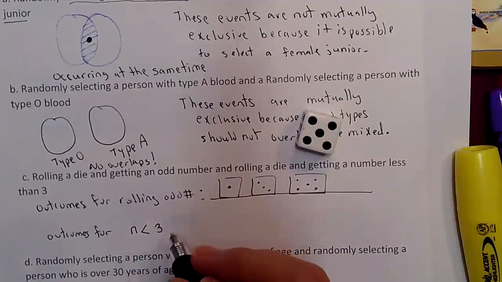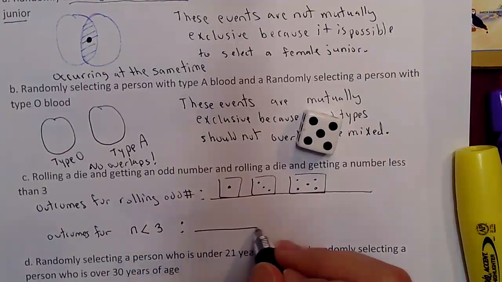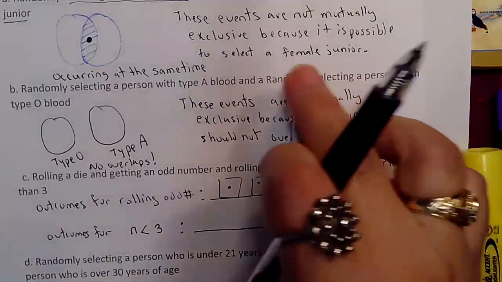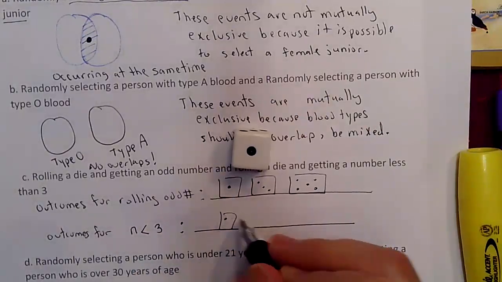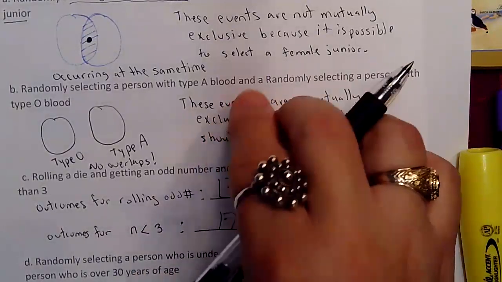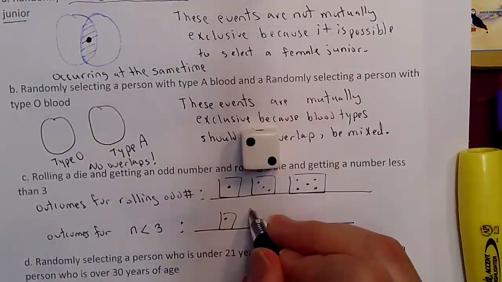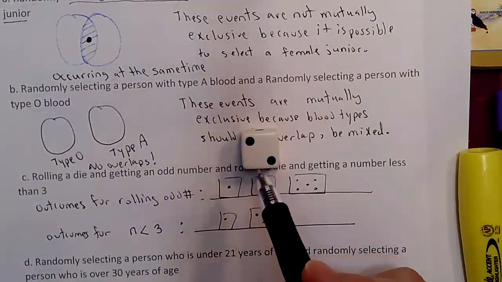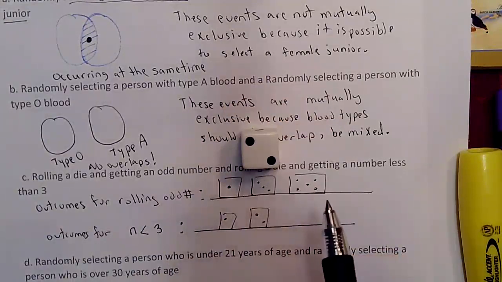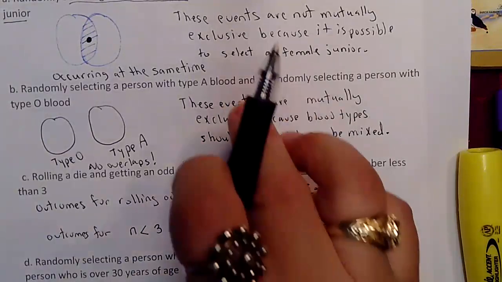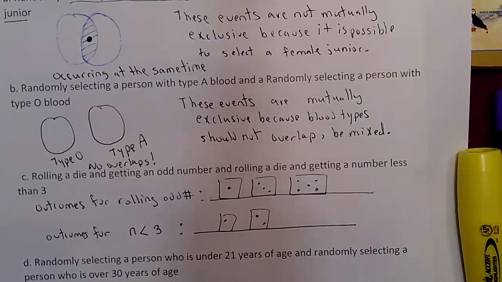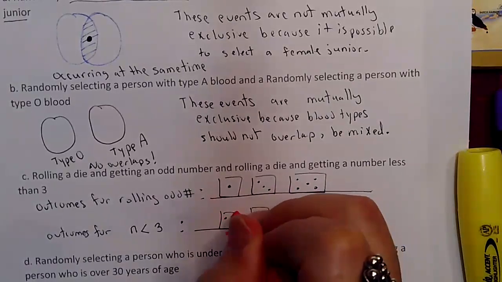So I'm going to write an inequality for that. So that would be 1, 2, but then that's it, because it's got to be less than 3. It didn't say less than or equal to 3. Okay, and then we want to see if there's any overlaps, and you do notice an overlap right here.